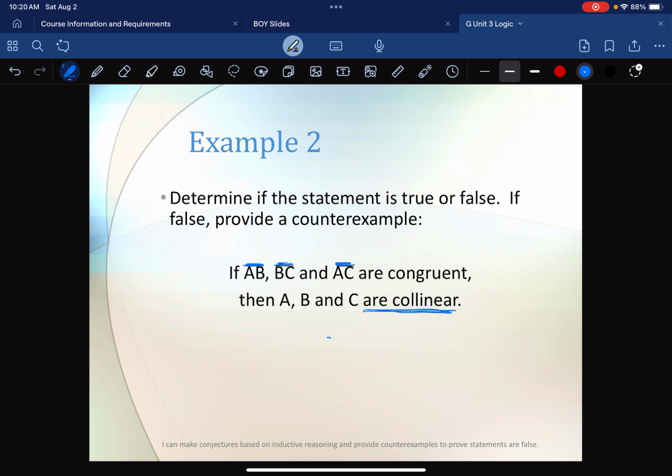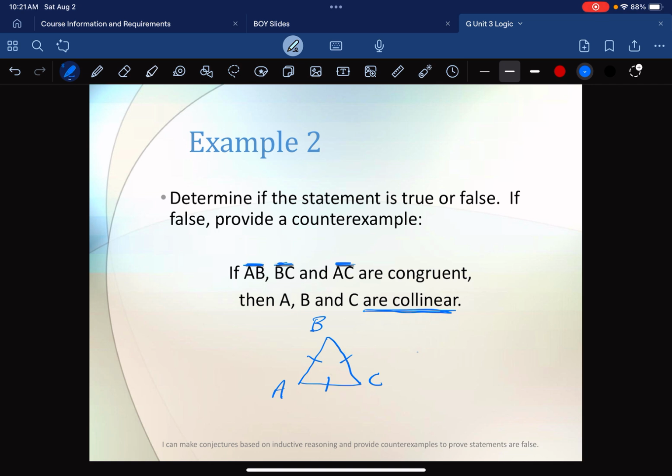Well, I can draw a triangle like this. And I can call this A, and I can call this B, and I can call this C, and I can make AB the same length as BC, which is the same length as AC, by putting these little hash marks on there that indicates they're the same length or congruent, and they are clearly not collinear.